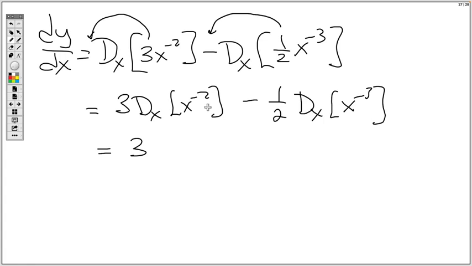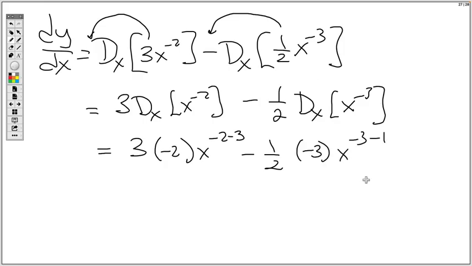All right. How do we take the derivative of x to a power? What happens to the power? Comes down front, and then it gets demoted. Minus 1/2. Power comes down. What's 3 times negative 2?